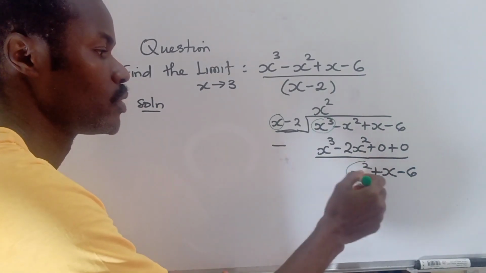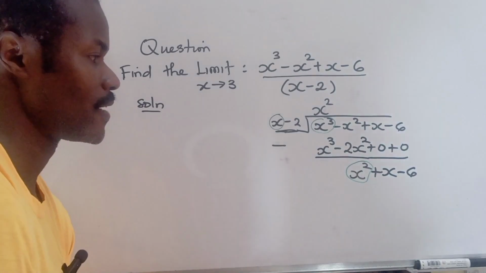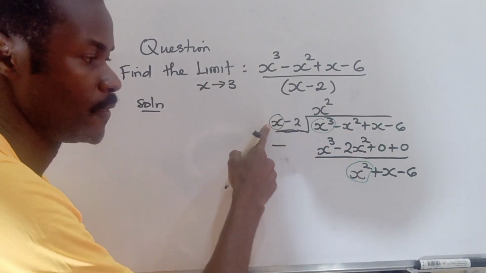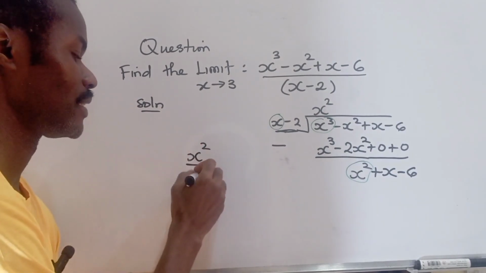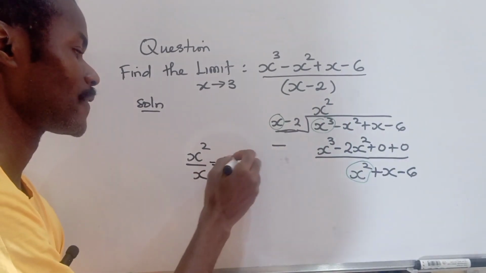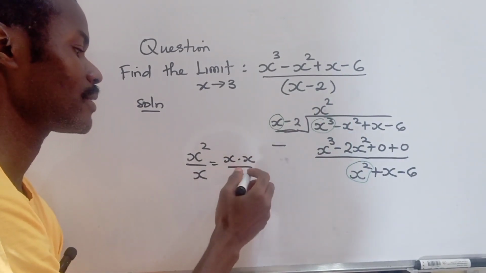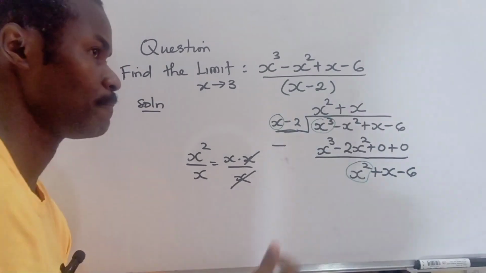This time we are going to use x to divide this. So we have x squared dividing x to know what we are going to put here. So this is x times x divided by x. We cancel this, so we have just plus x.